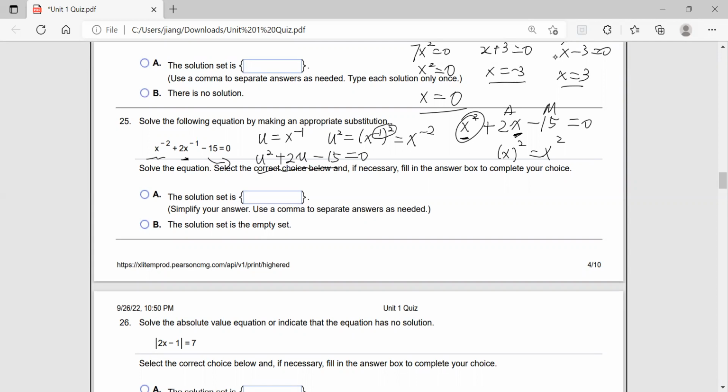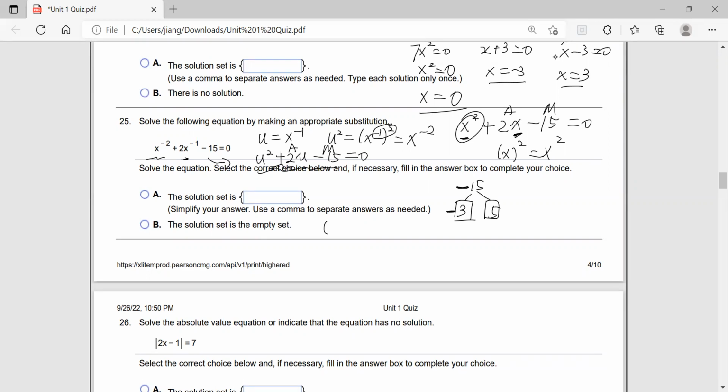So let's solve it. If here is A, here is M, the multiplication of two factors is -15. And they must be 3 and 5. Which one is negative? The multiplication is negative, so 3 must be negative, because -3 plus 5 is +2.